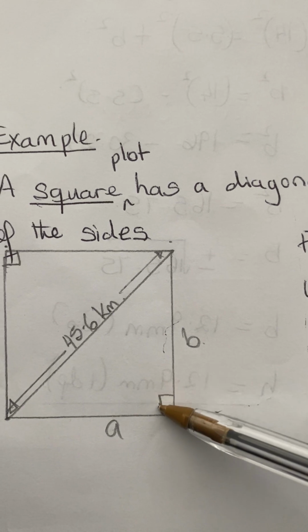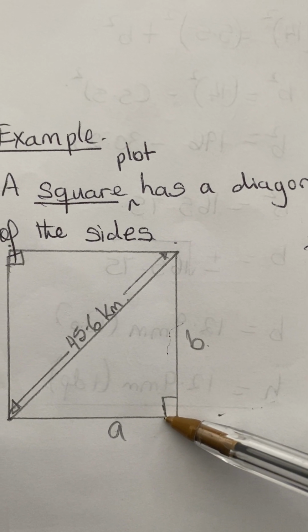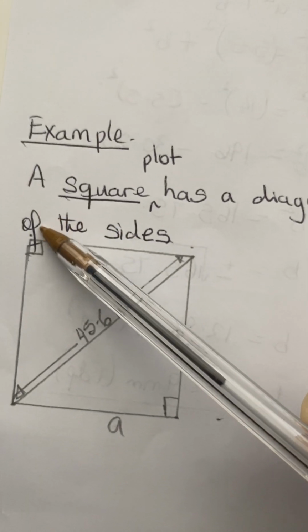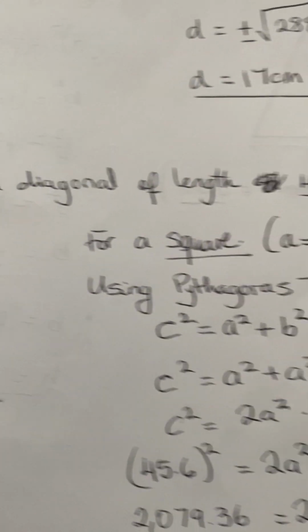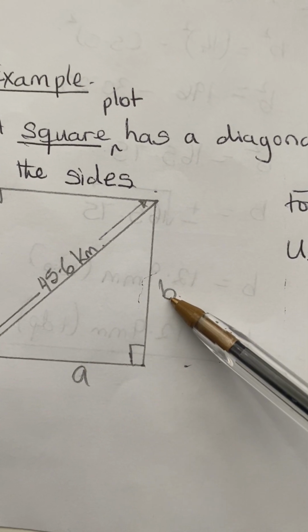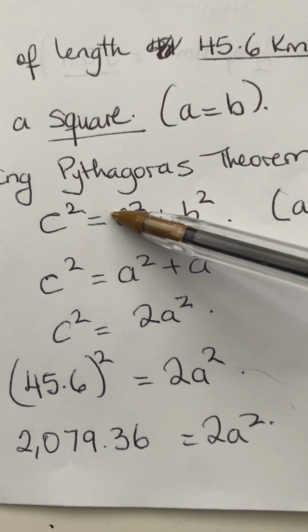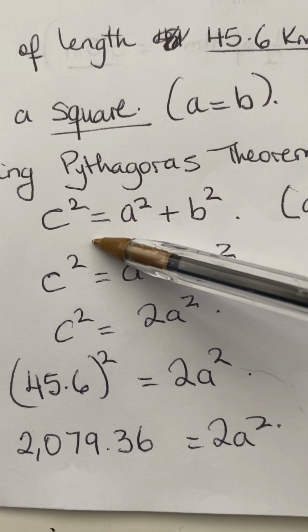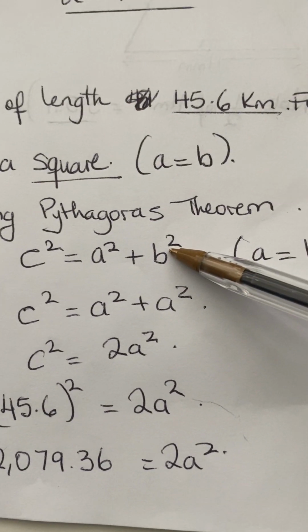Here again, a square, this is a right angle, and that's our 90 degrees. So for a square, A will be equal to B. Pythagoras theorem again is C squared equals A squared plus B squared.